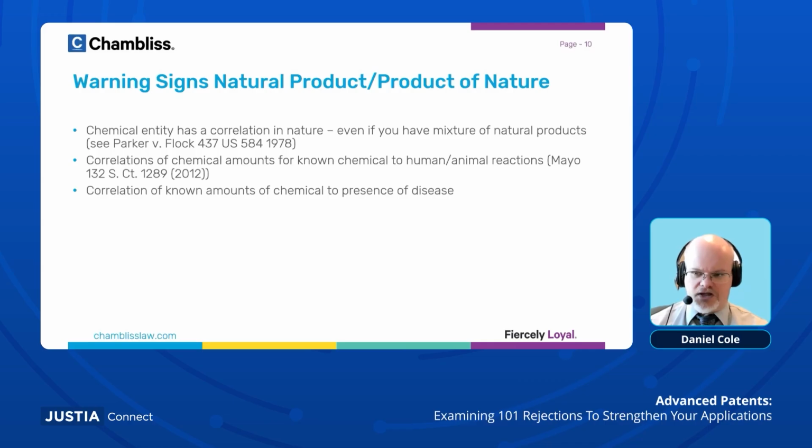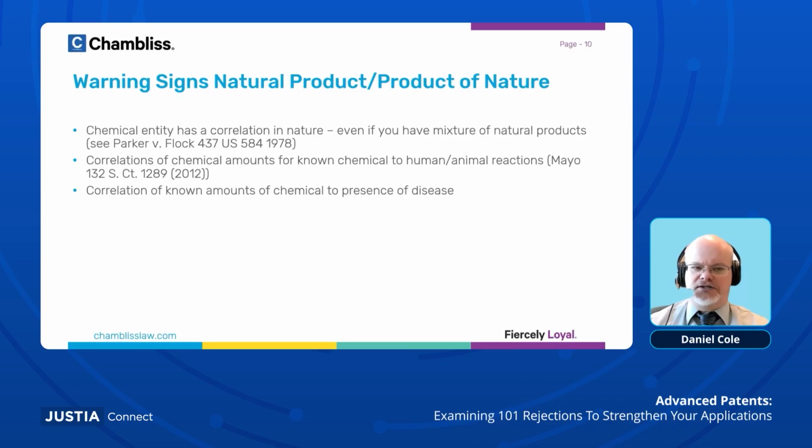A guy, I think with Flock, tried to put all of these different types of bacteria together, but he didn't do anything to change any of the bacteria. Since he didn't change any of the bacteria, even though they weren't found naturally together in nature, the Court said that's just a mixture of natural products, not patentable. That's the Parker v. Flock case that was in 1978.